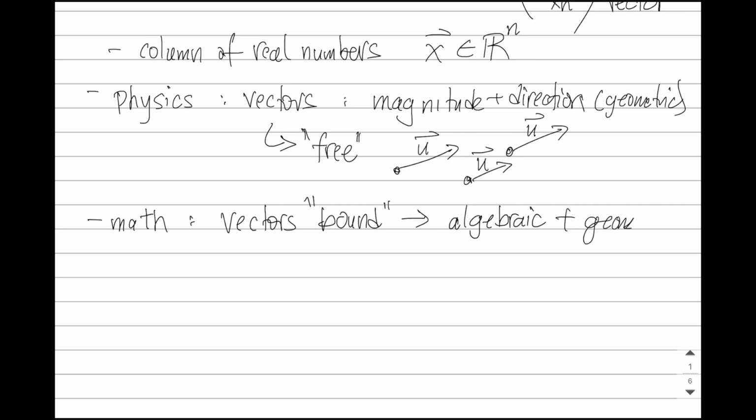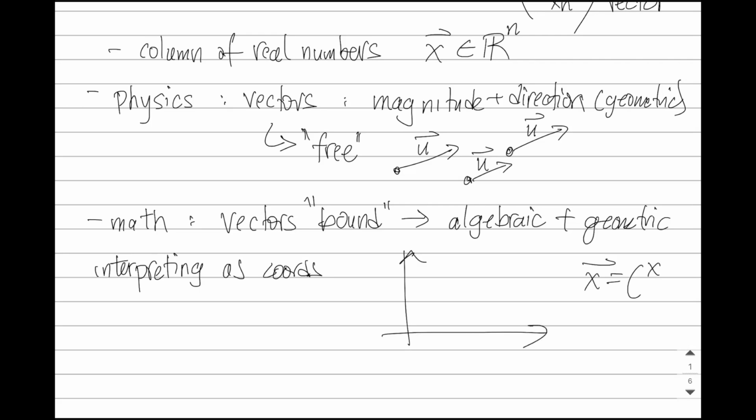The geometric meaning comes about from interpreting vectors in coordinate systems. You can think of vectors as coordinates of a point. And in 2 dimensions, if your vector looks like this, x1, x2, we're going to take this to be the x1 axis, the x2 axis, and then you can think of your vector as the coordinates of this point.